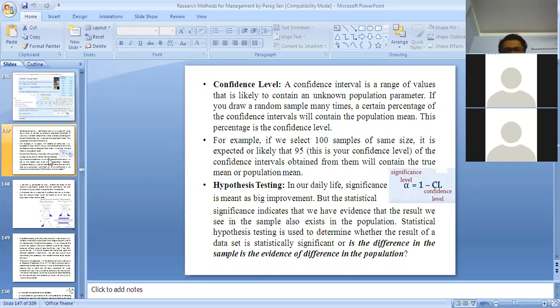Now it is not possible to take data from all the research scholars, so you take a sample. Suppose you take 20 samples and calculate the average, and you test whether it is significant.